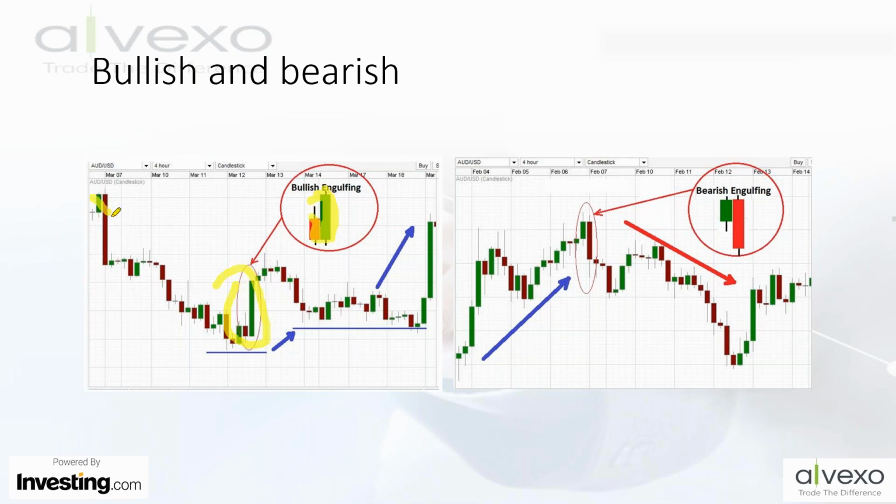When that appears in a trend, so here we had a downtrend, the bears should have been in control. All of a sudden, we see that the bulls are taking control. That's at least telling us that this trend is over. It's telling us also that we're going to go into an upward trend, but it can't tell us exactly when, because we might go into a period of consolidation before the bulls make their final move up.